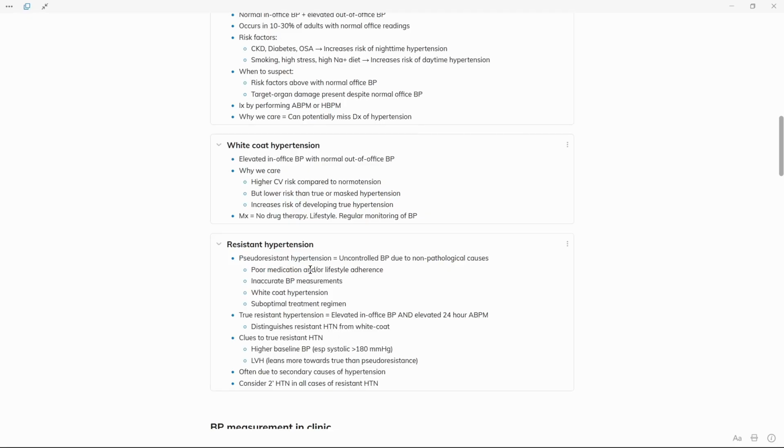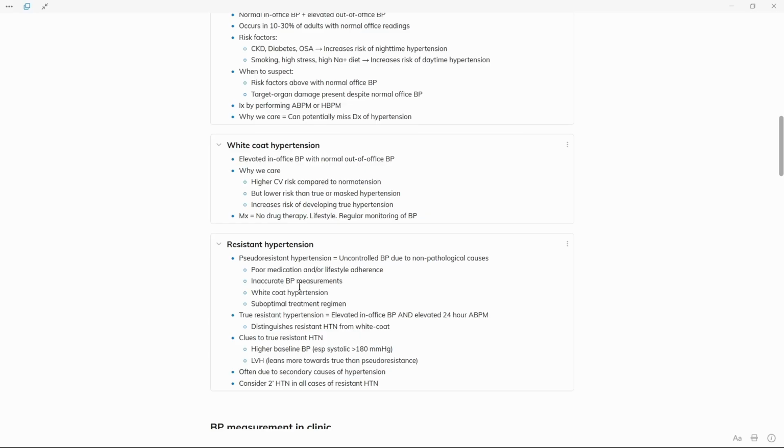So looking at the first one, poor medication and lifestyle adherence. If they adhere to the medication, then they might not have uncontrolled blood pressure. Their blood pressure might be well controlled if they adhere to medication and lifestyle. Likewise, if you're measuring the arm with a very tight or too small a cuff, then it always looks like they have hypertension when they might not. I mean, they may still have hypertension, but they could still be controlled.